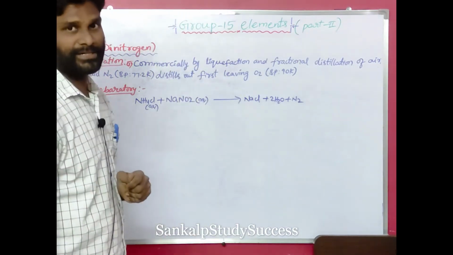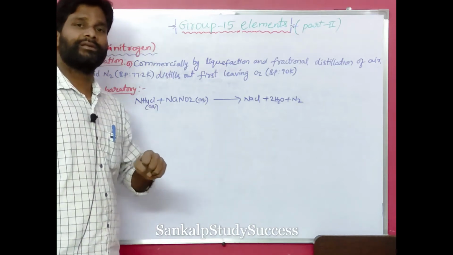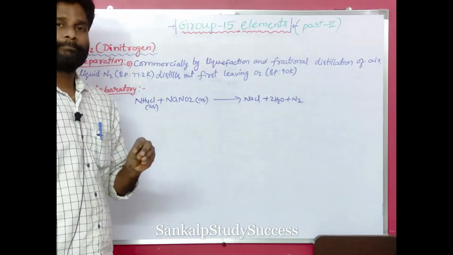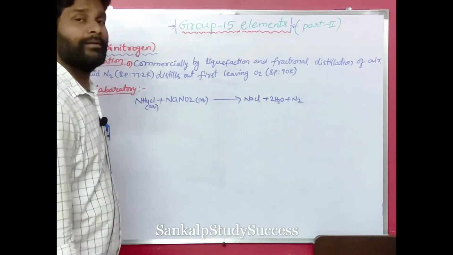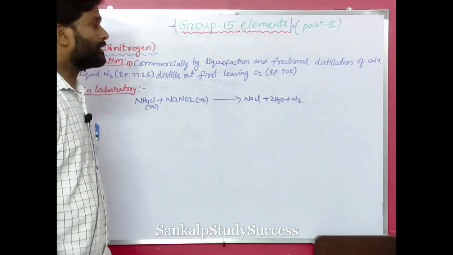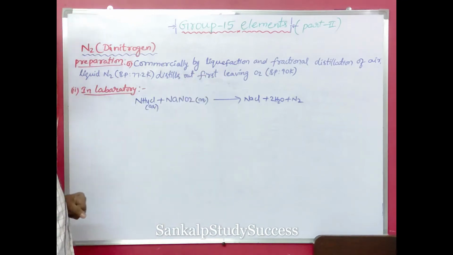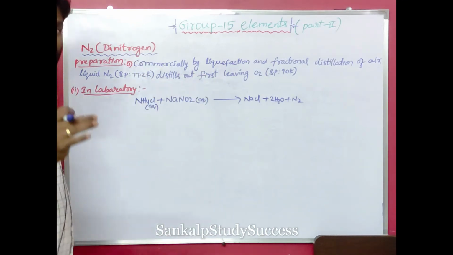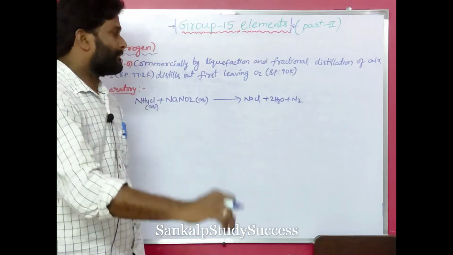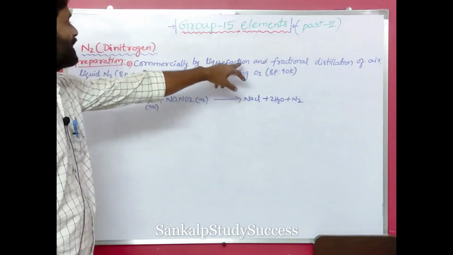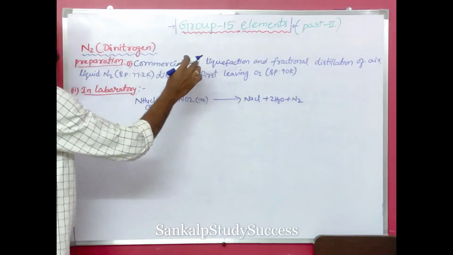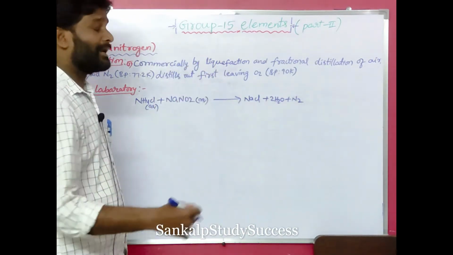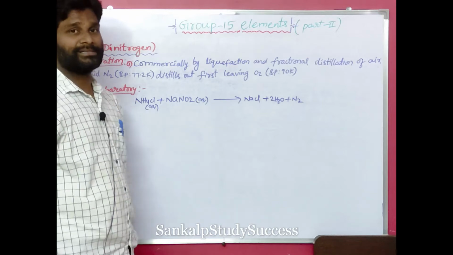Fractional distillation is based on evaporation, the separation of components based on boiling point. First of all the air is liquefied, and later it can be fractionally distilled based on boiling point.